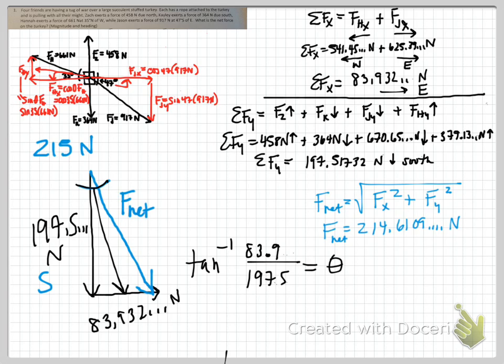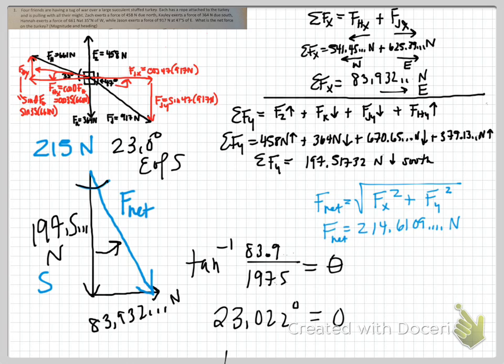So we get a theta of 23.022 degrees, and using the angle this direction, of course, that would be east of south. So it would come out to 23.0 degrees east of south.